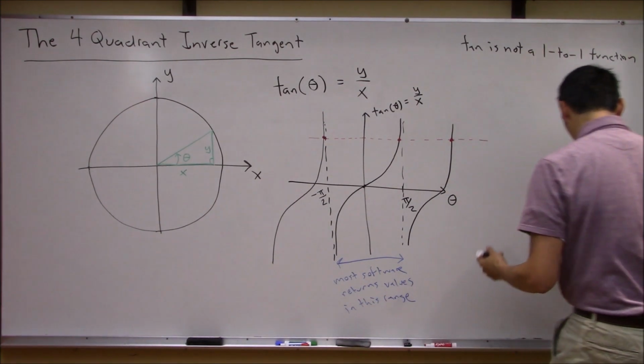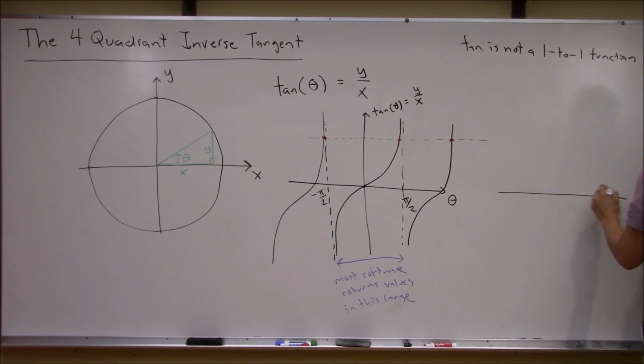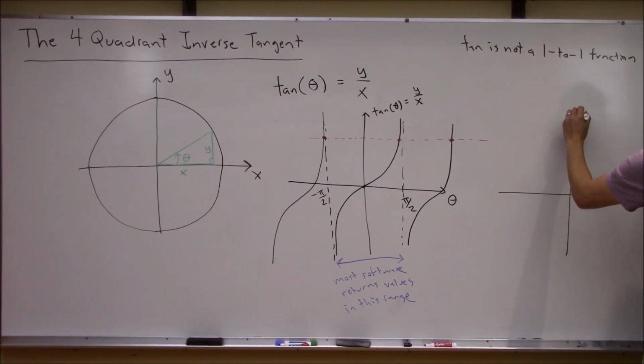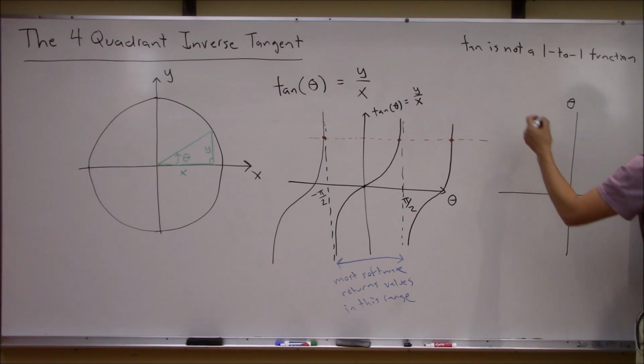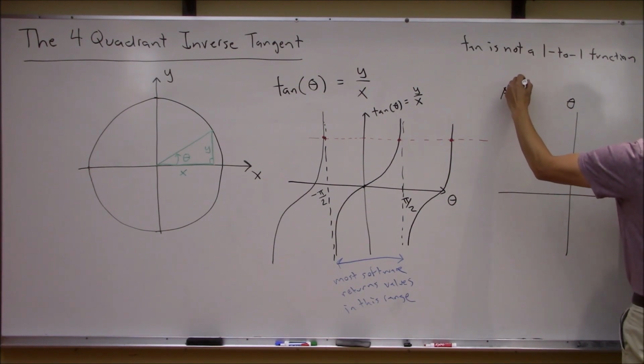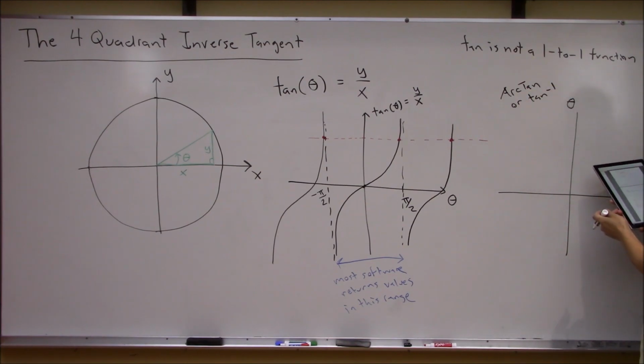So if we wanted to plot the inverse tangent function, let's plot this in the other direction. Here we have theta on the y-axis, and over here we have the ratio of y over x on that axis. Now I want to plot arctangent, sometimes referred to as the inverse tangent function.